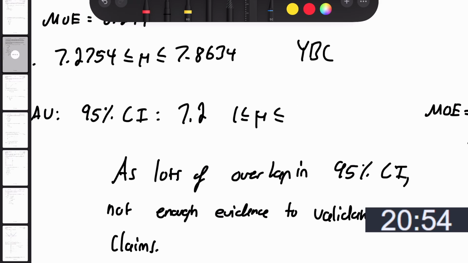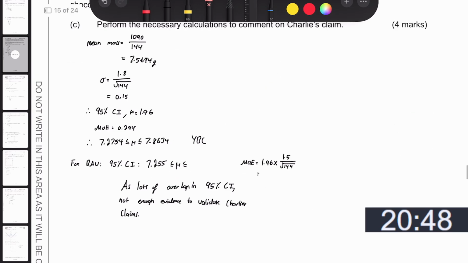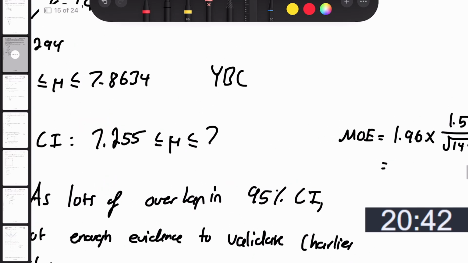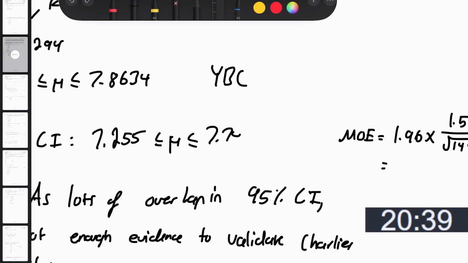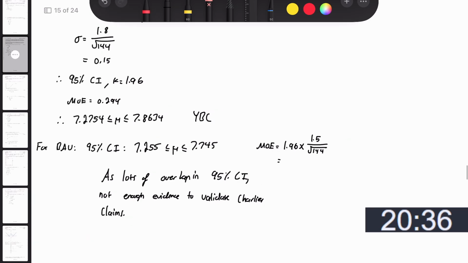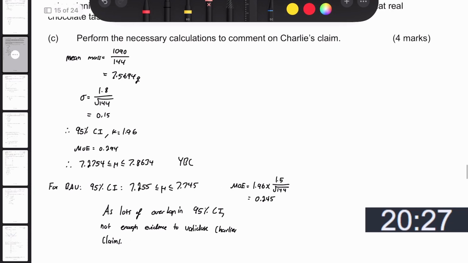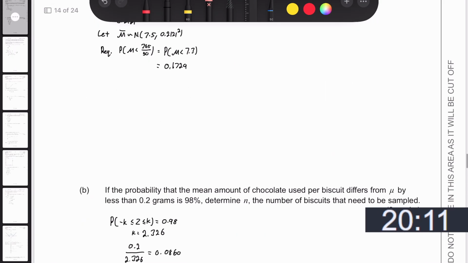Okay, I don't know how I might have answered that, but it's much closer. 0.255 plus 745. 1.96 times 1.5 divided by 144. Oh, before I must have not timed by 1.6 maybe? 1.25. I don't know actually. Okay.